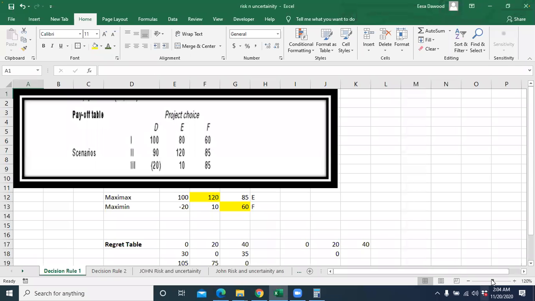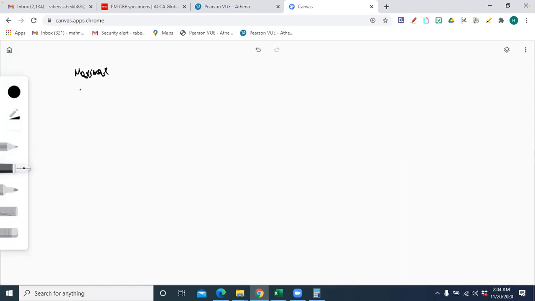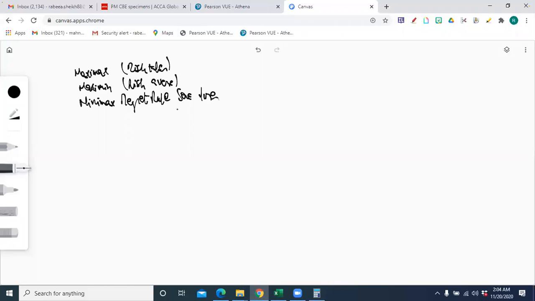Okay, Maximax. Here's a question here. We will do that, and you will get an idea what I'm talking about. We have three projects, D, E, and F. Maximax, Maximin, and Minimax regret rule. He is a risk taker. He is risk averse. He is a sore loser. Doesn't want to lose anything in life.